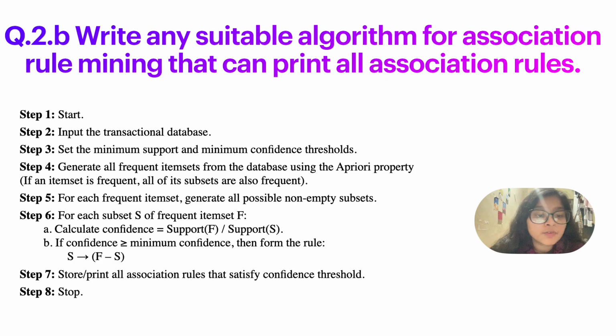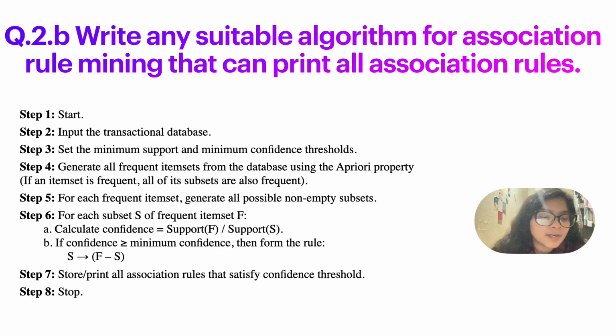Then we generate all the frequent itemsets from the database using the Apriori property. If an item set is frequent, all of its subsets are also frequent. For each frequent item set, generate all possible non-empty subsets. After that, for each subset S of the frequent item set F, we calculate the confidence by dividing the support of the frequent item set by the support of the subset.